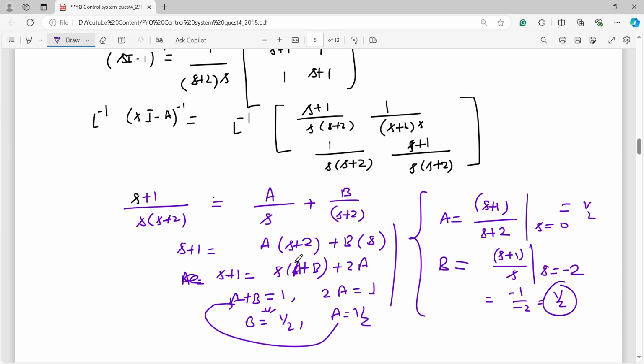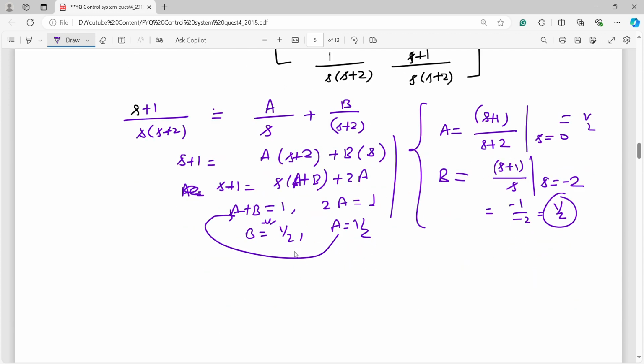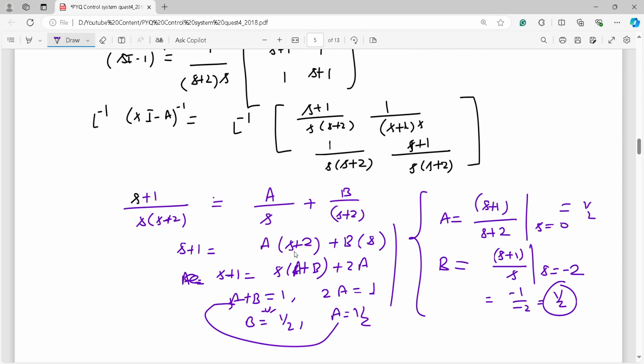So this term is the same, right? For this term and this term we find the Laplace inverse.